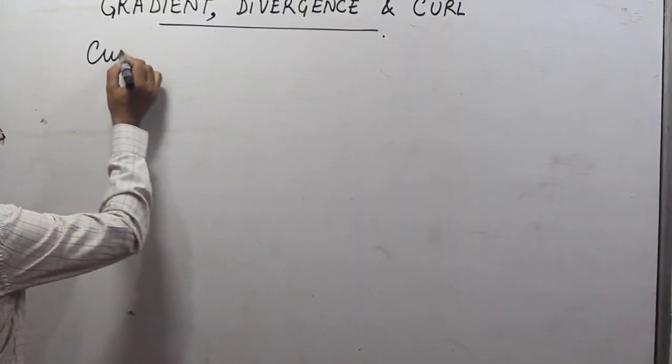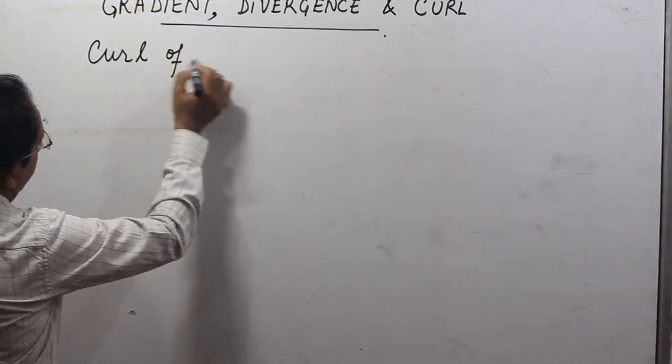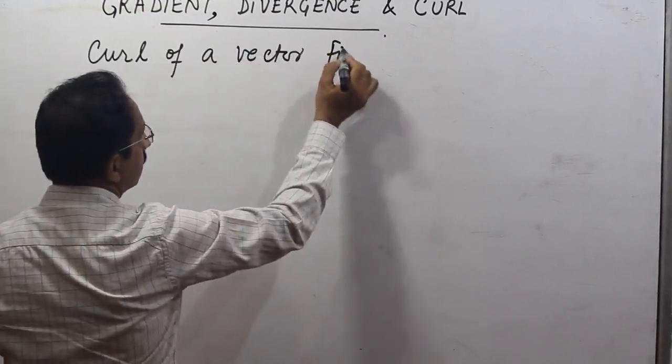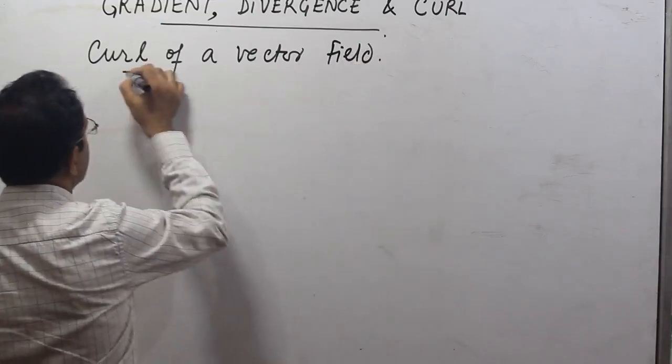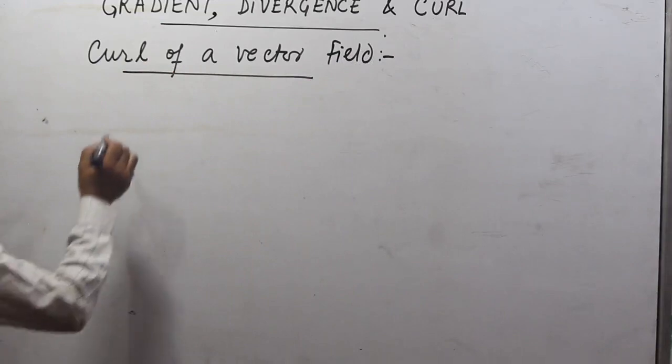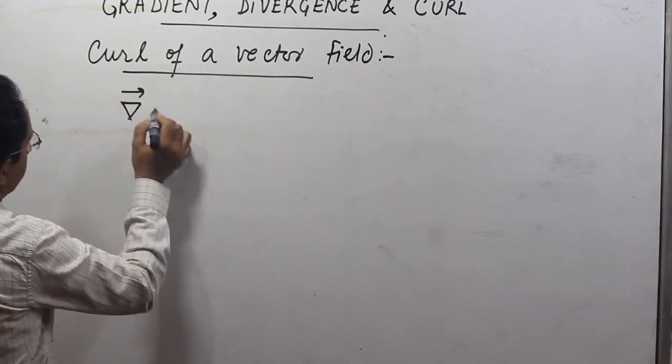We take up now curl of a vector field. So it is defined for a vector field, and the del operator combining with a vector field in this manner.